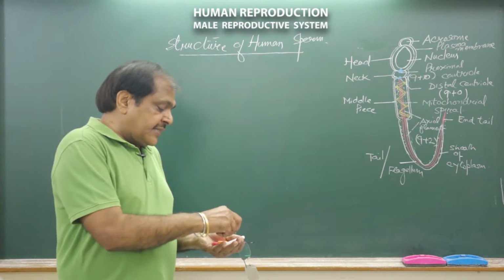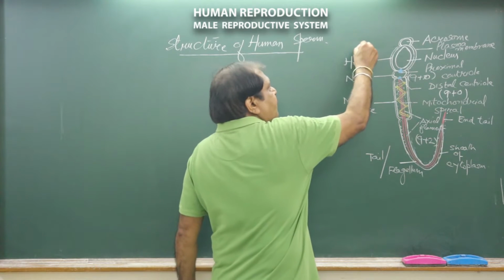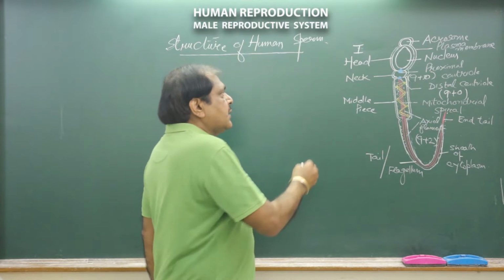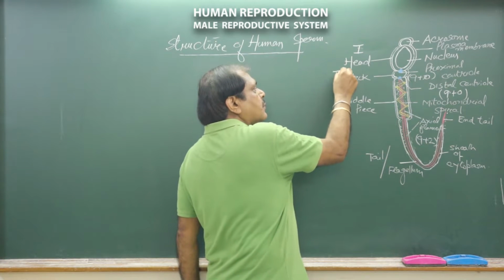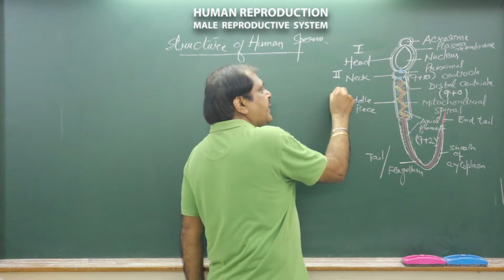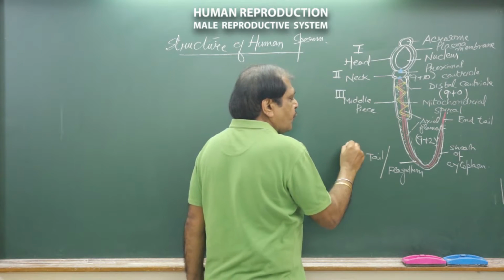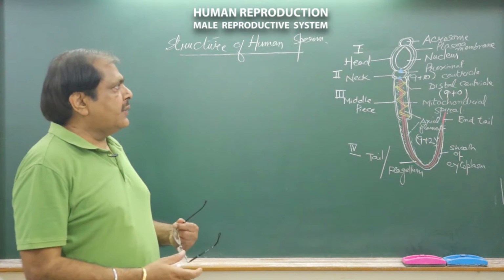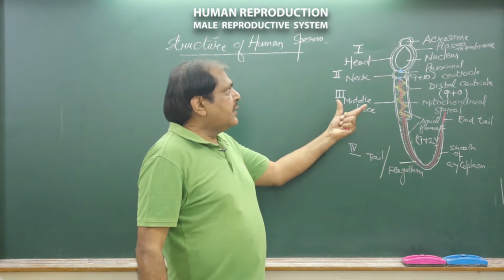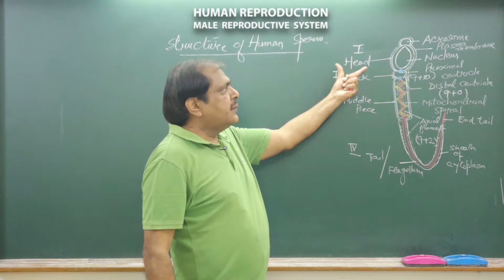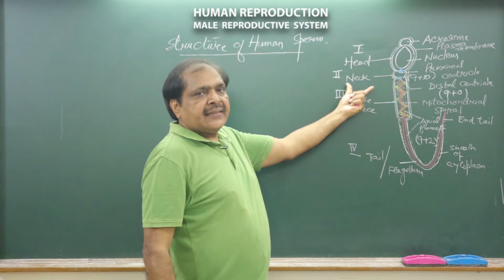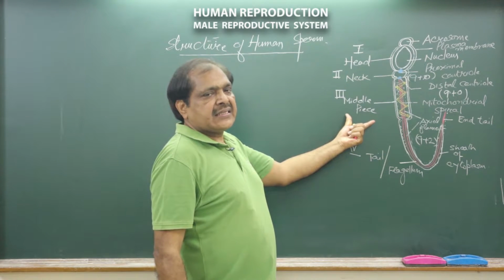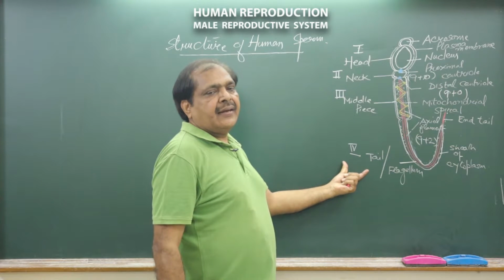Now, this is the number 1 part of the sperm, this is number 2, this is number 3, and this is number 4. You are seeing in the diagram that the head is the first part, the neck is the second part, the third part is the middle piece, and the fourth is the tail.